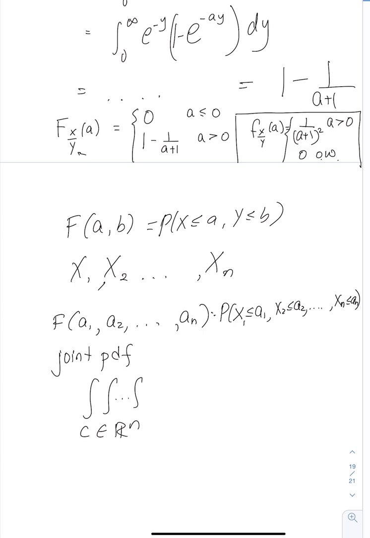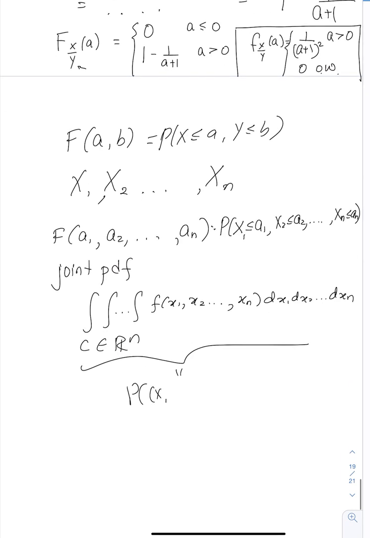You can integrate this joint PDF over C in Rn to get the probability that the point in Rn is in this set C. So this is just generalizing what we have for two random variables x comma y to more of them. So I think that's good for now.